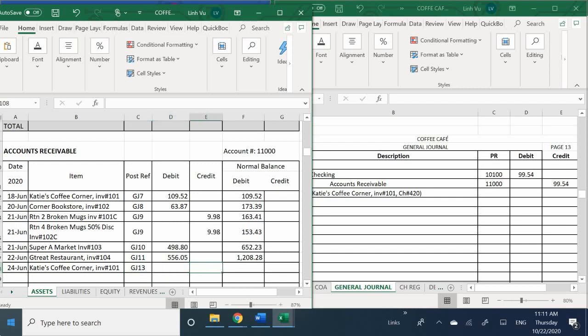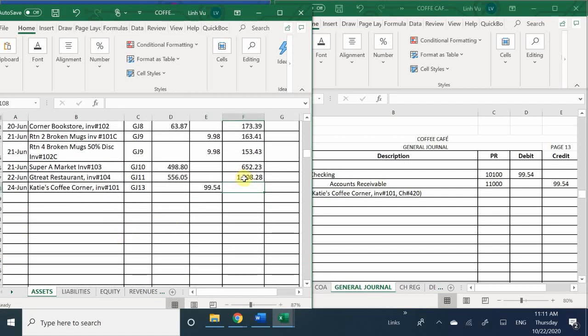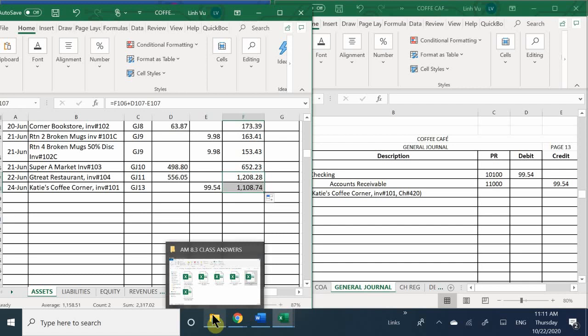Credit 99.54. So what's my new balance in my accounts receivable? Okay. 110874.